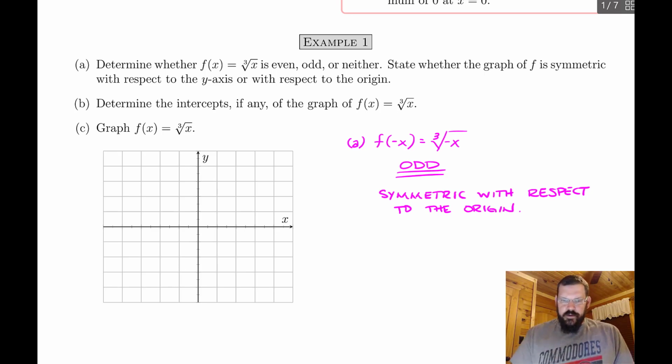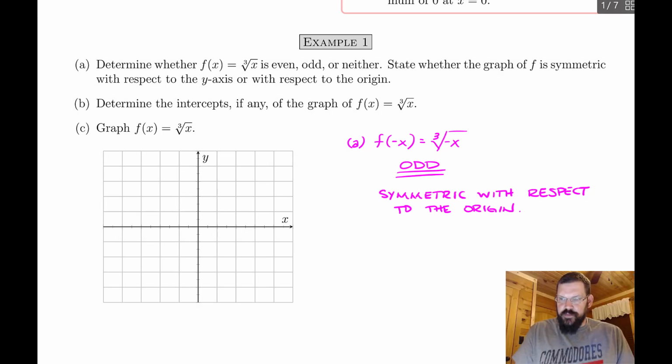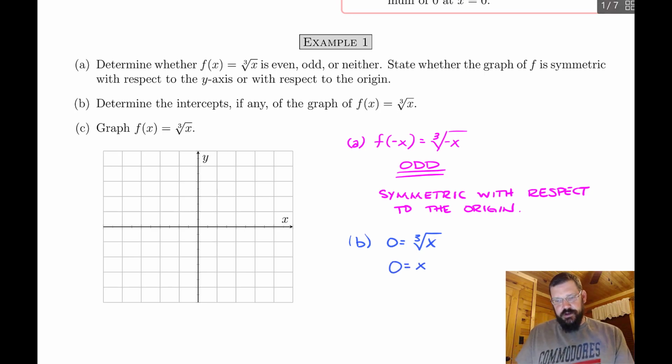All right, part B, determine any intercepts that the graph may have. So to find the x-intercept, you set y equal to 0. So let's just set the whole equation equal to 0 and solve for x. I have to cube both sides of the equation to get rid of the cube root. 0 cubed is still 0, so we have an intercept at the origin.